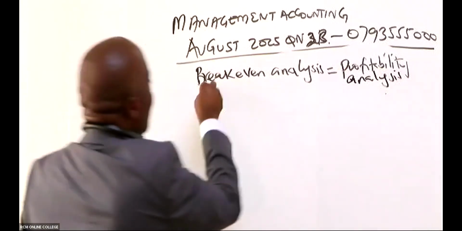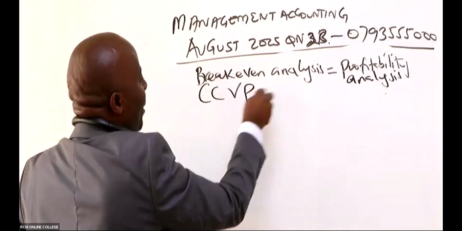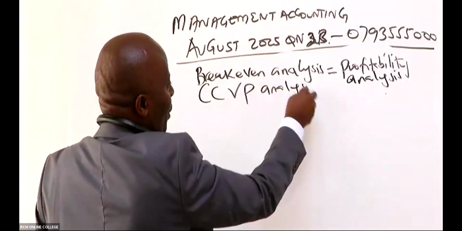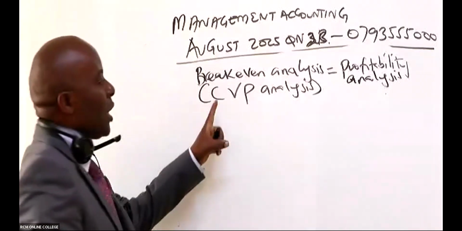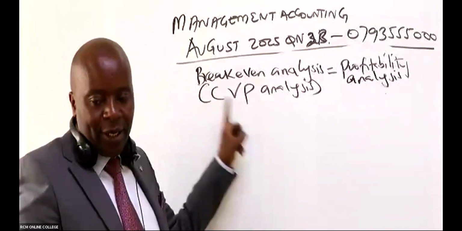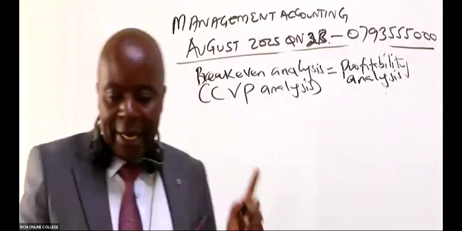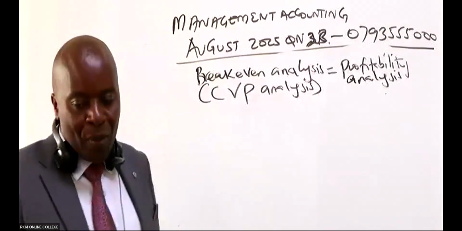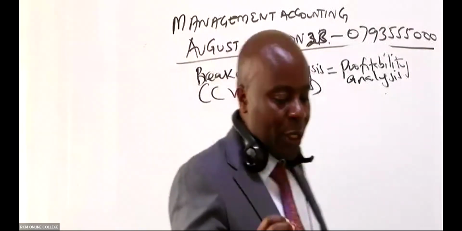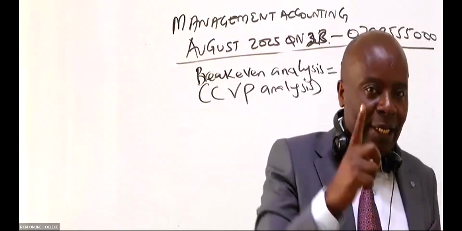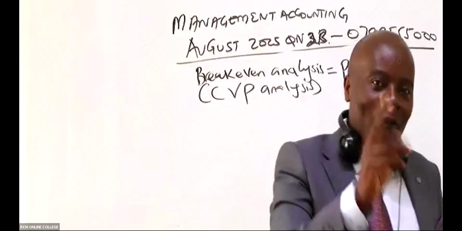And this, of course, is also known as the CVP analysis. CVP stands for cost volume profit analysis. So anytime you hear an examiner talking about break-even analysis, always remember the profit equation.